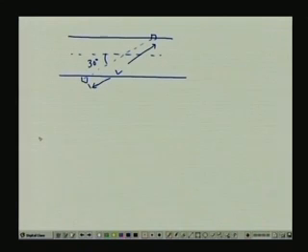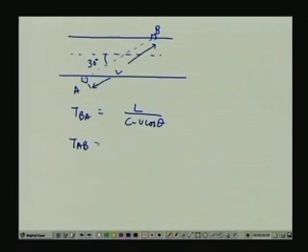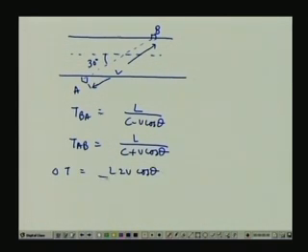So, we see that if we say A transmitted B, so TBA is coming L by (C minus V cos theta), TAB equal to L by (C plus V cos theta). So, delta T I can write 2 L V cos theta by C square, right.